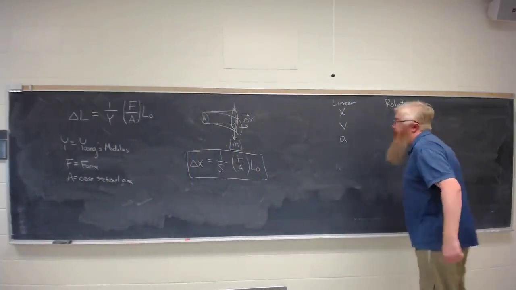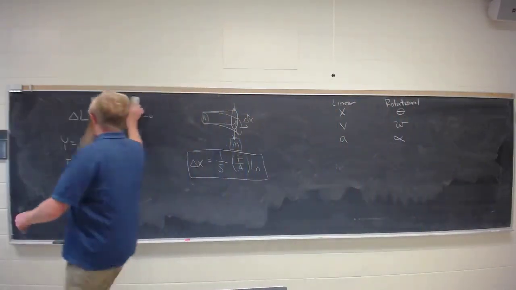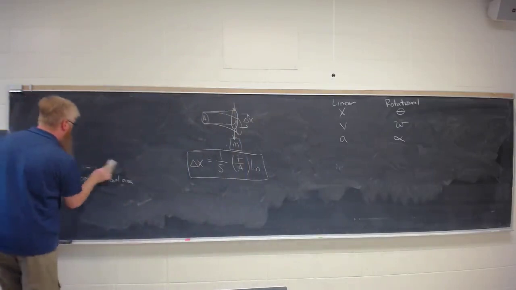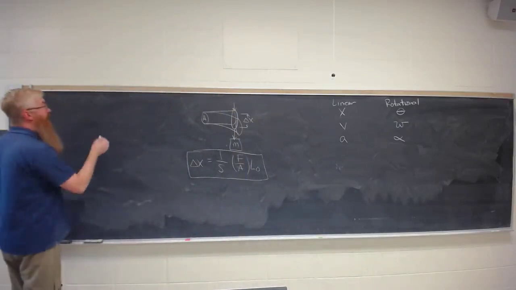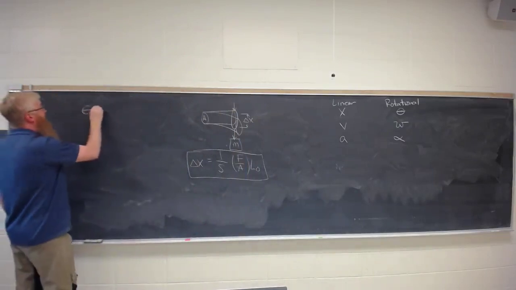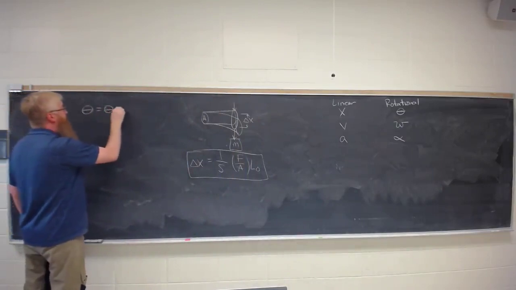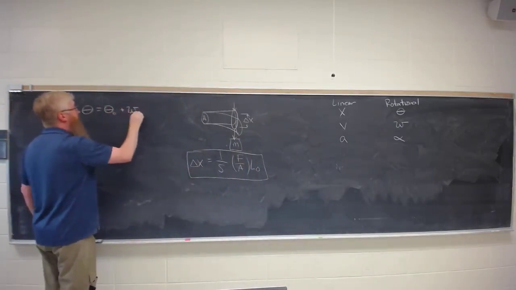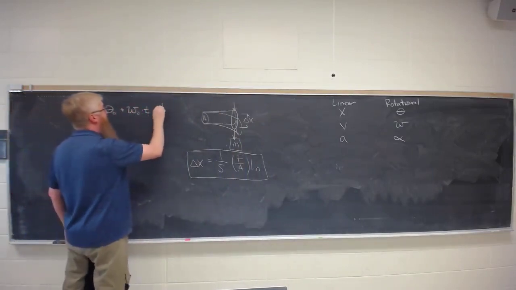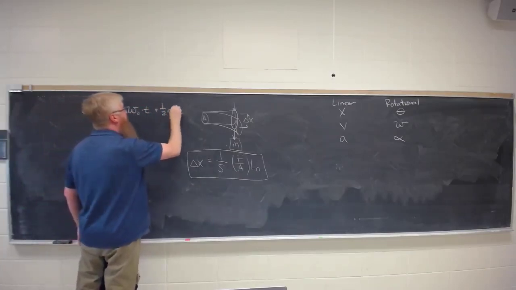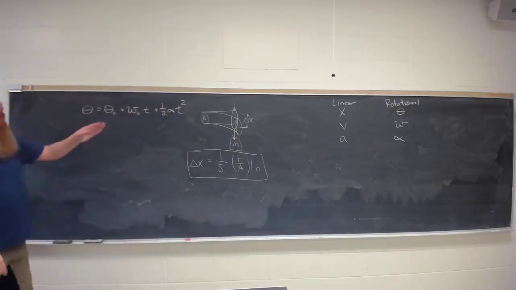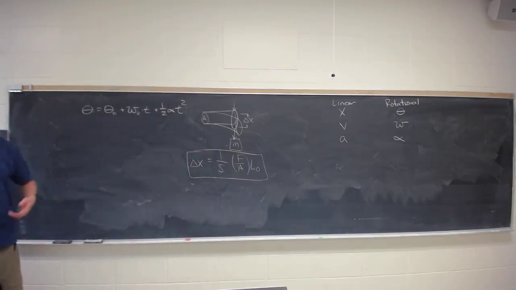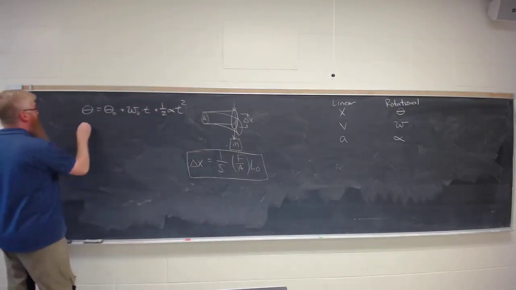So the three major equations: theta is equal to theta naught plus omega naught times t plus 1/2 alpha t squared. Exact same equation as for linear motion, they just replace the variables with their rotational analogs.